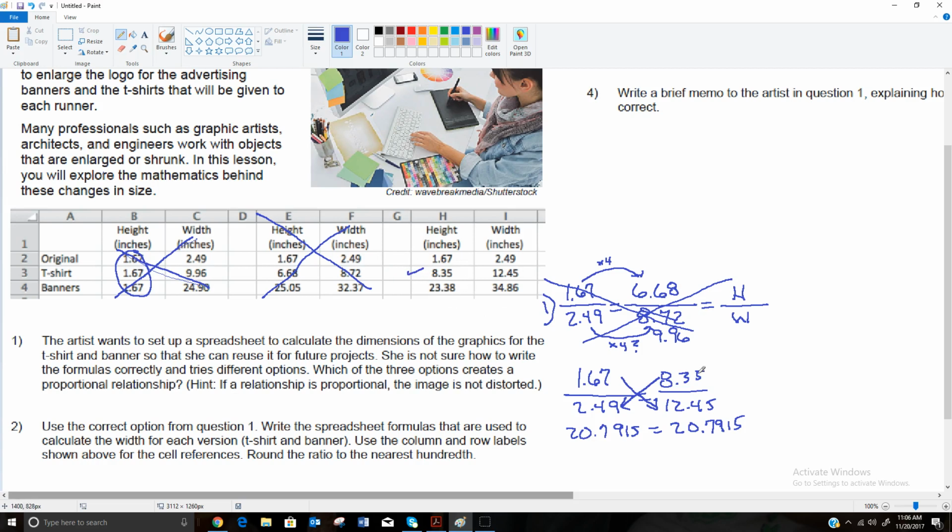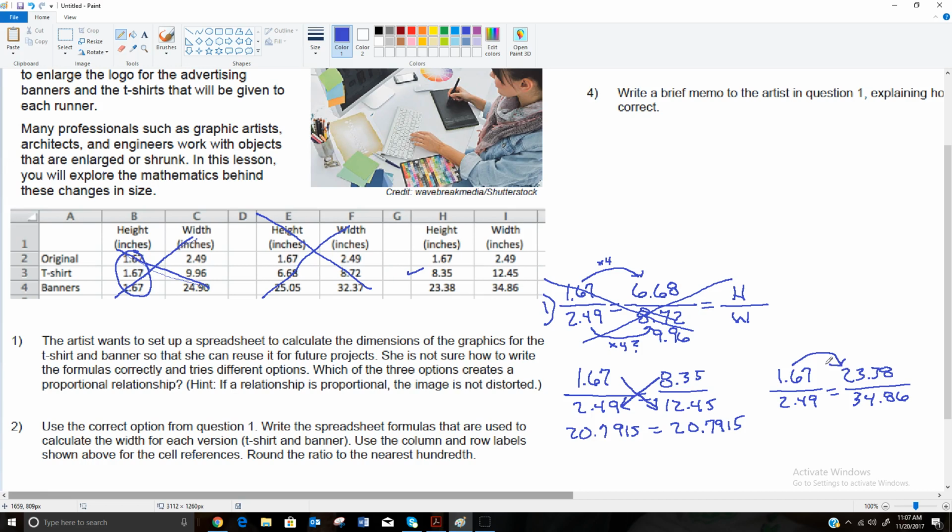So let's double check this one. We're assuming that the banner is okay, but we'll just double check to make sure. So 1.67 to 2.49, that was the original. And we want to see if the banner is okay also. And it's 23.38 to 34.86. So I can cross multiply like I did here, or I can see if it got multiplied by the same thing.